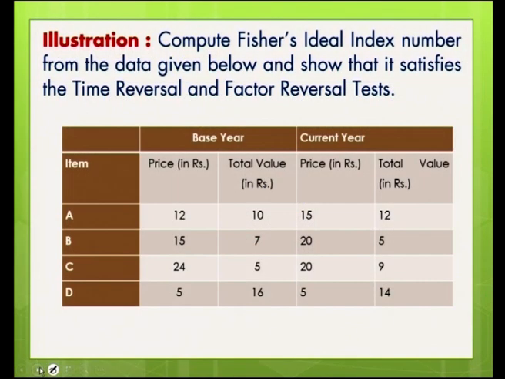Okay. We will see how Fisher's ideal index number satisfies the time reversal and factor reversal tests. First of all, the base year and current year prices and total values are given. The prices for the 4 commodities A, B, C, D are 12, 15, 24, 5 for the base year, and the price is represented as P0 and the total value is P0 Q0. Those values are given. Similarly, for the current year, prices and total values are given.